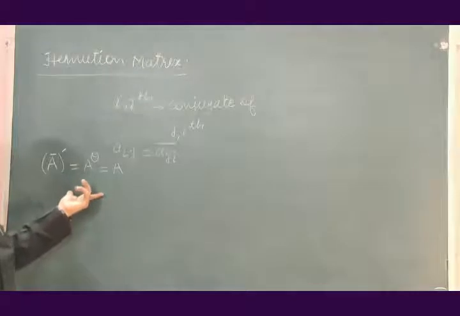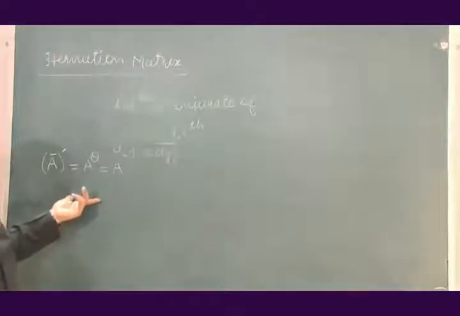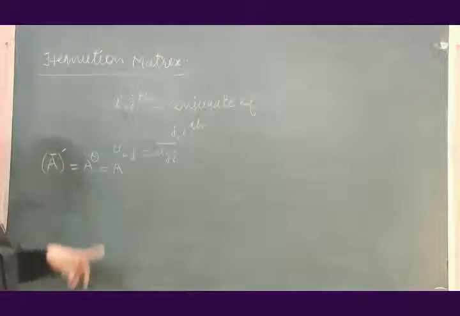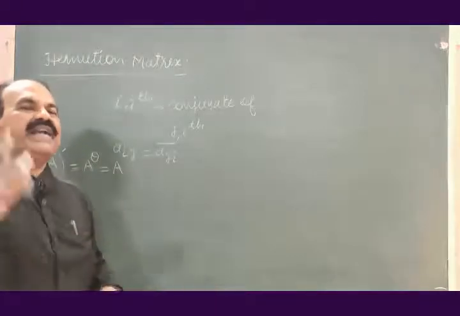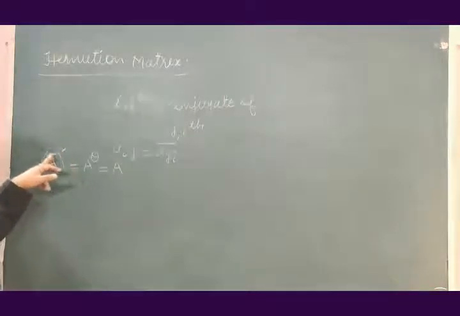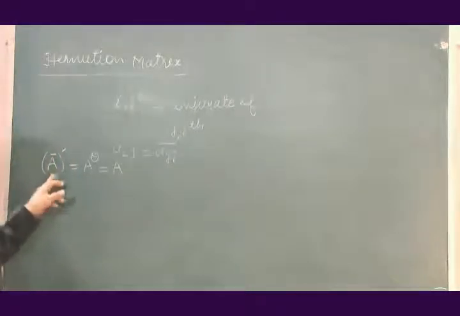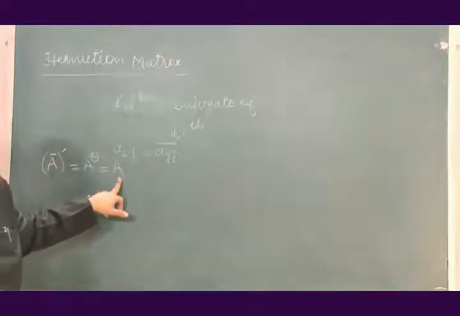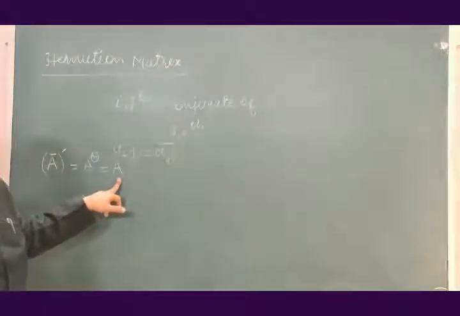What is the meaning of this? The transpose of conjugate matrix of a matrix should be the matrix itself. The transpose of conjugate of a matrix, that is A theta, should be the given matrix itself.